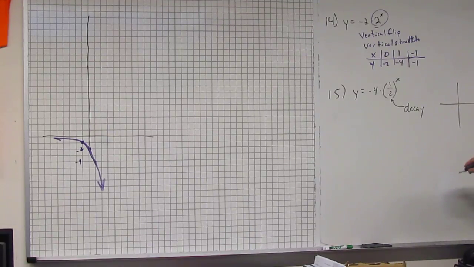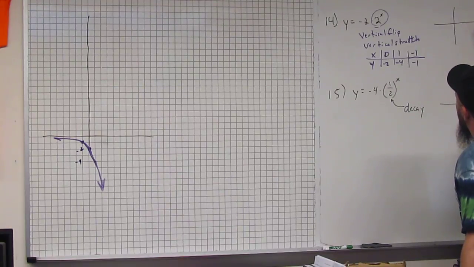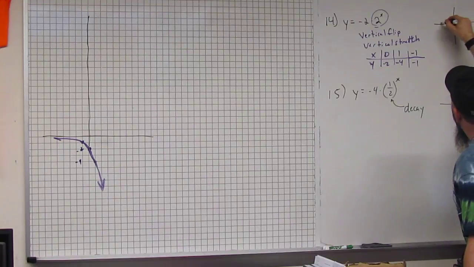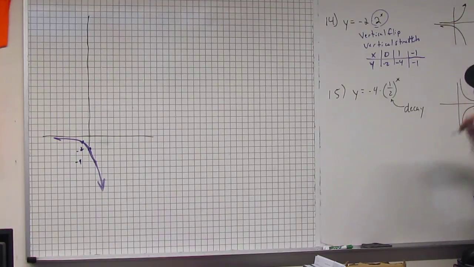So remember, decay is going towards the 0, right? Or it flips and it's going towards the 0. Remember, this is growth. This is decay.